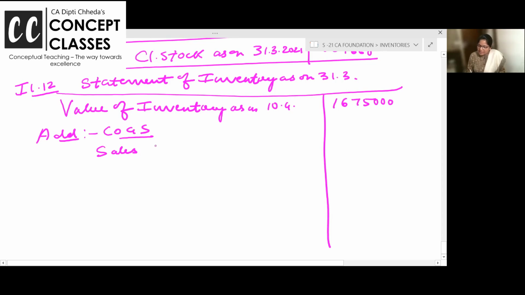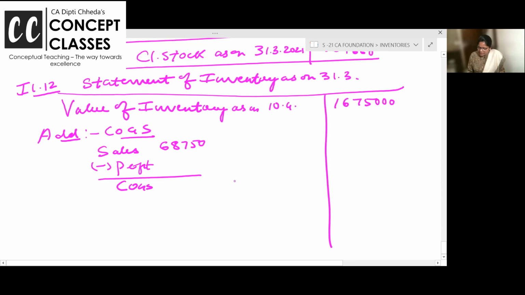Sales value is given as 68,750 minus profit. If you minus, you get the COGS, and profit is 33 1/3 on cost. So this is 133.33.